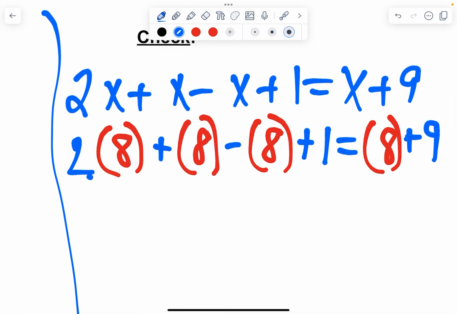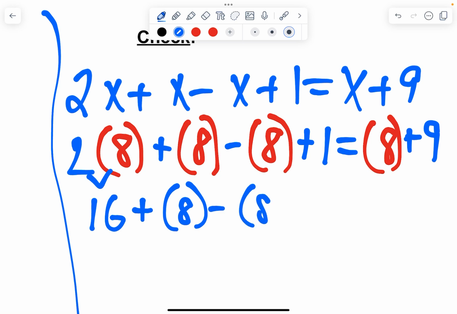So if I look at that, I'm going to multiply first. So I get 16 plus 8 minus 8 plus 1 equals 8 plus 9.